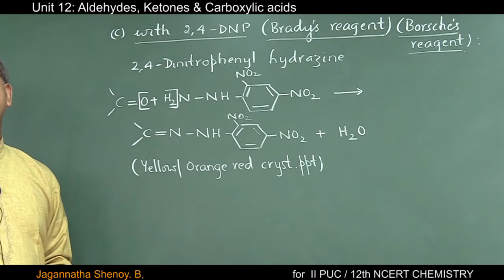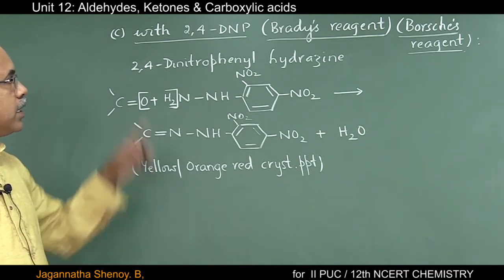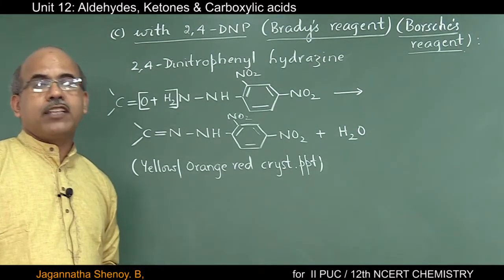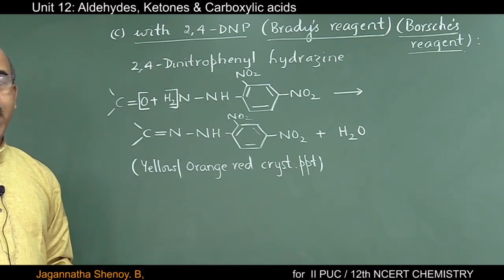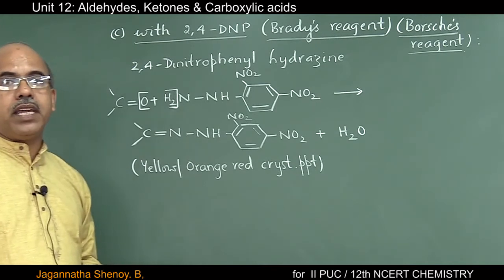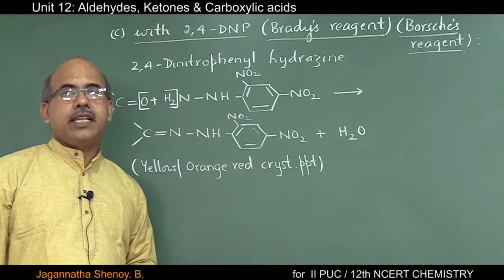So this confirms the presence of a carbonyl group. In other words, this reagent is used to detect a carbonyl functional group in any organic molecule. So any carbonyl compound, when treated with 2,4-DNP, we get either yellow or orange red crystalline precipitate.